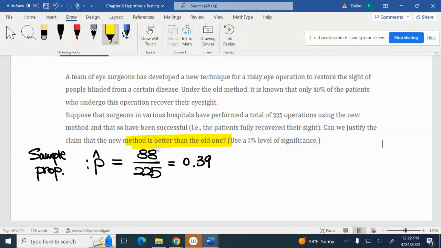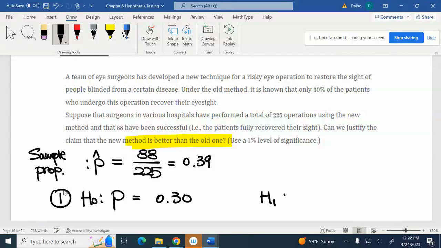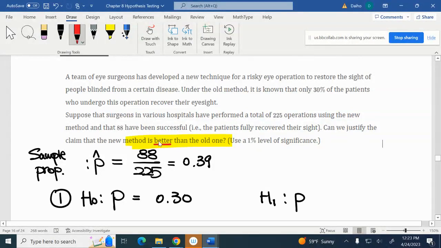So in the null, it is for the proportion. So we are going to use the notation not mu for the mean, but p, equal to 30%. And for the alternative hypothesis, we want to test better.